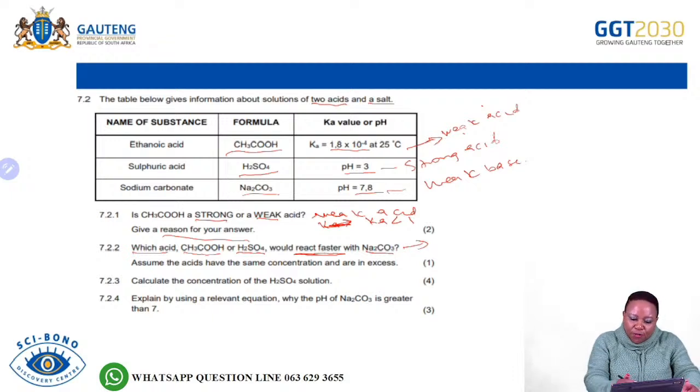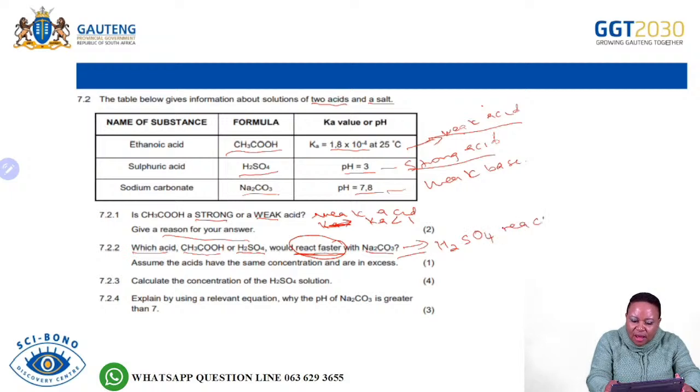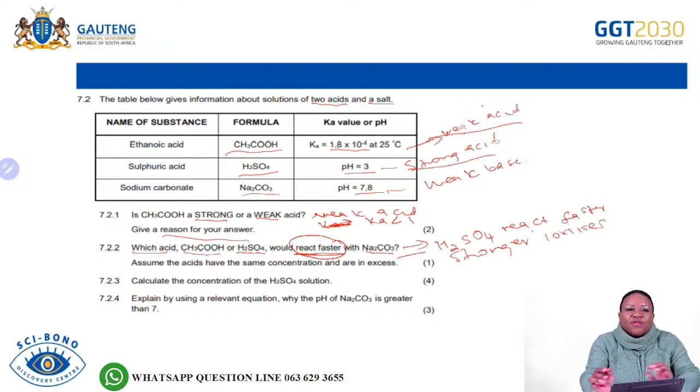After identifying which is our strong acid and which is our weak acid, we know that H2SO4 will react faster because it is a strong acid, and a strong acid ionizes completely. That is why it reacts faster compared to ethanoic acid.